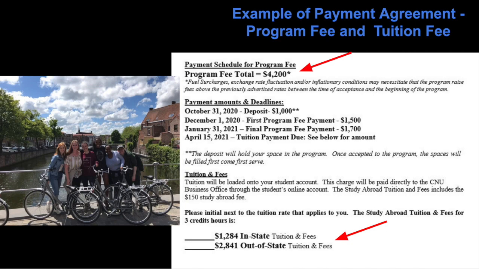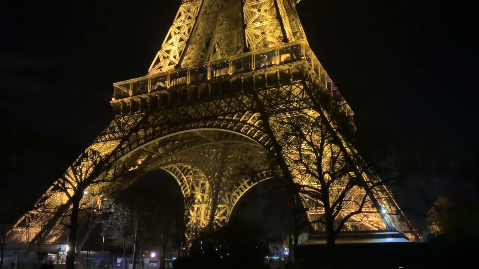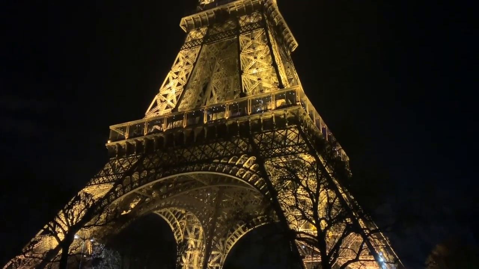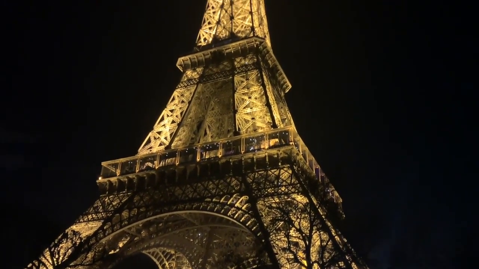It is important to note that the program fee, which covers expenses such as international airfare, some meals, on-site housing, and some on-site activities, must be paid directly into your study abroad program's account number. The tuition fee for your abroad experience pays for the cost of the course you signed up for.